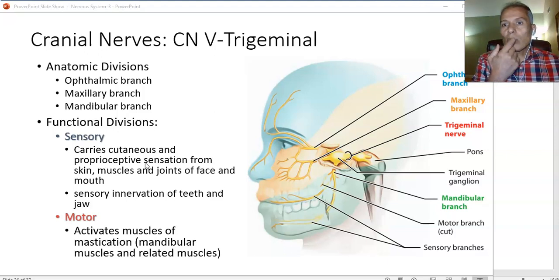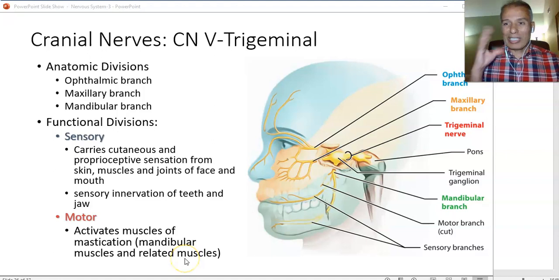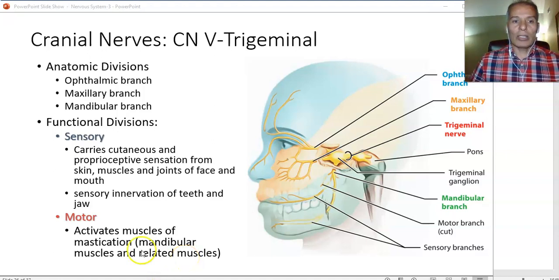Your tongue, your lips, or your whole body as you move, for example. If you don't get feedback from it to tell you what it is doing, then your movements will not be accurate. So the motor parts of that nerve, they activate the muscles of mastication, the muscles of chewing, which mean the mandibular muscles and the related muscles that enable you to chew food and to crush and to grind food.